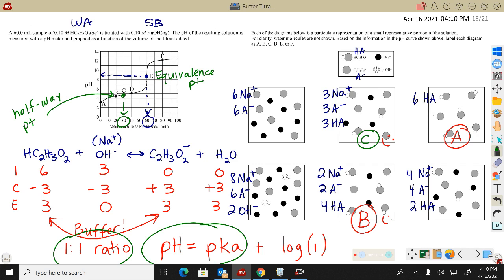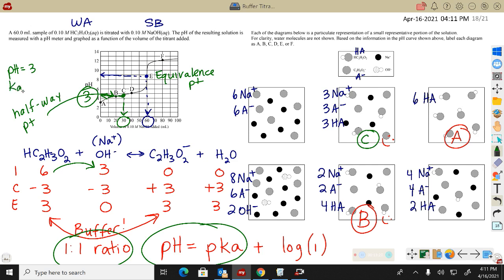And at the halfway point, I'm going to get something that looks like this, where I've added half as much base as acid. And what happens in your ice table? You get the special 1-to-1 buffer. If then you could take this point C and follow it across, let's say I get a pH of about 3. Well, if the pH is 3, you can say then that the pKa is 3.